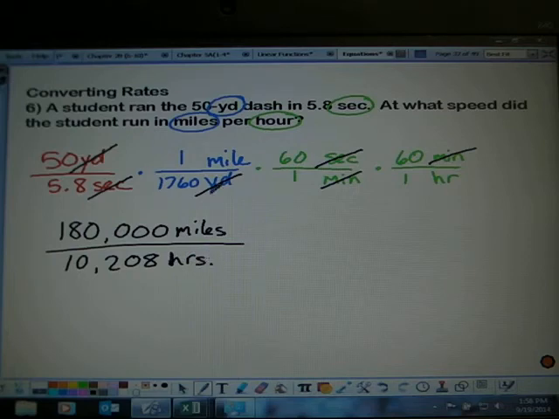Now that doesn't really tell us how fast that car is going, so what we're going to do is divide those two numbers. And as you divide them, you get 17.63. It's an estimation there. Miles per hour.